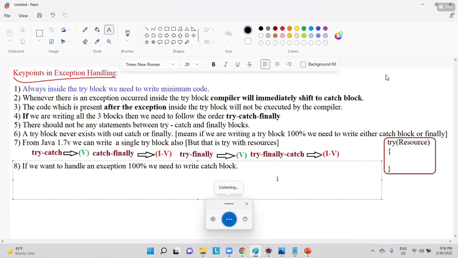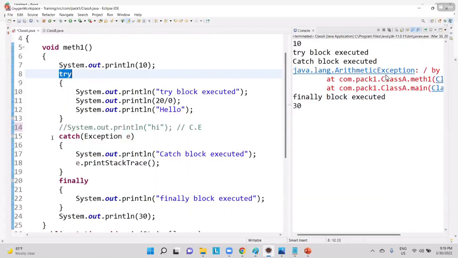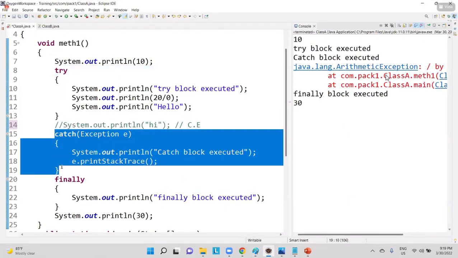If we are not writing catch block, then exception will not be handled. For example, guys, let me remove this catch block.